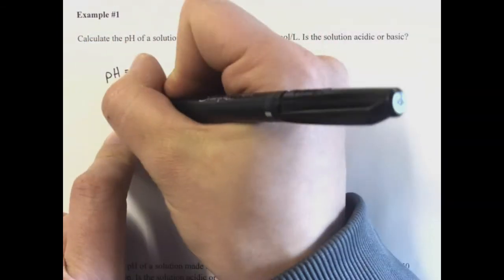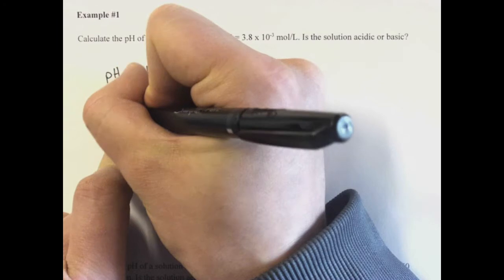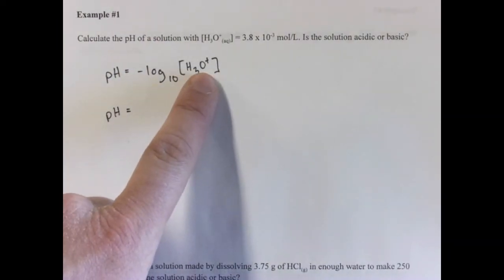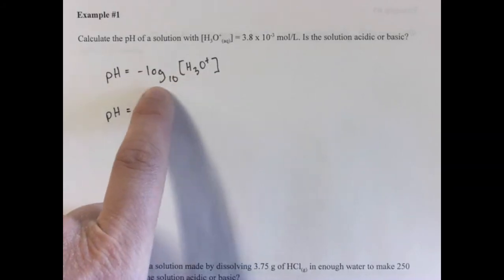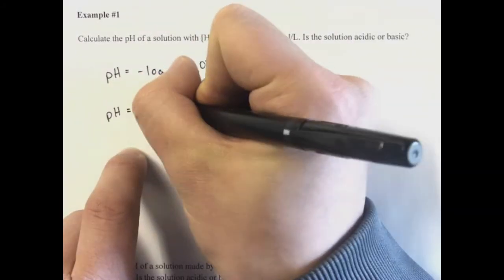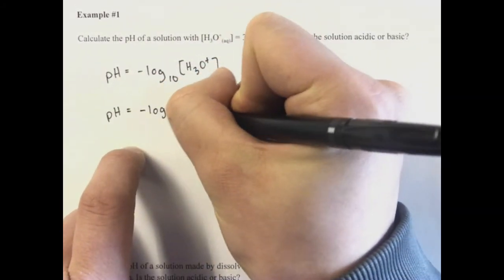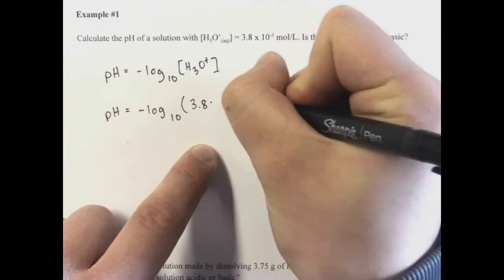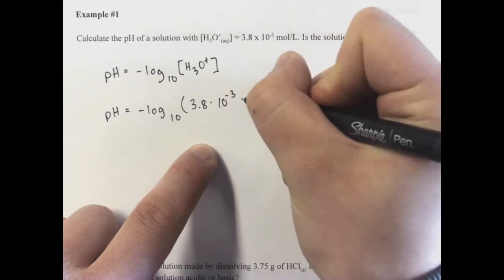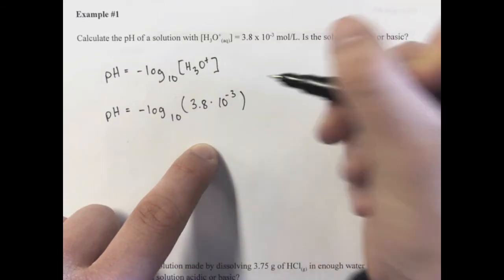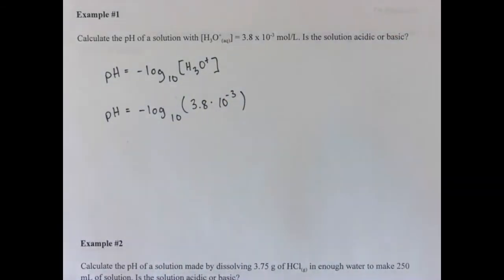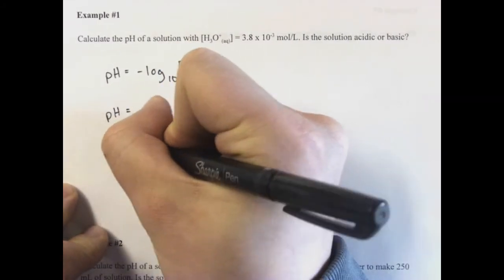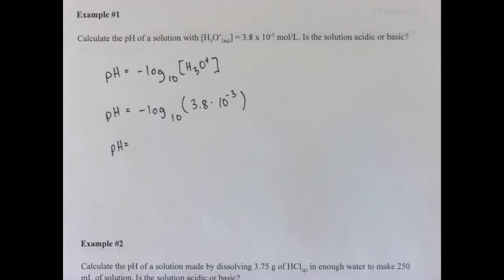So this question's pretty straightforward. I just have to substitute the value of my hydronium concentration directly into this formula. And that value is 3.8 times 10 to the negative 3. This is a little tricky to do in your head, so I'd recommend using a calculator.